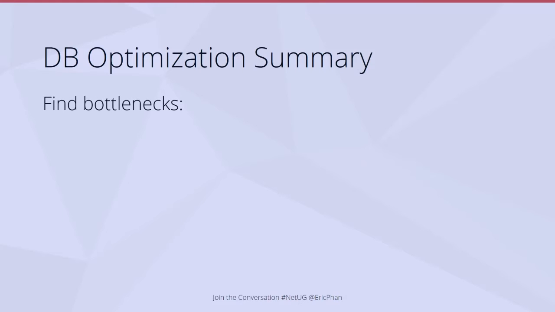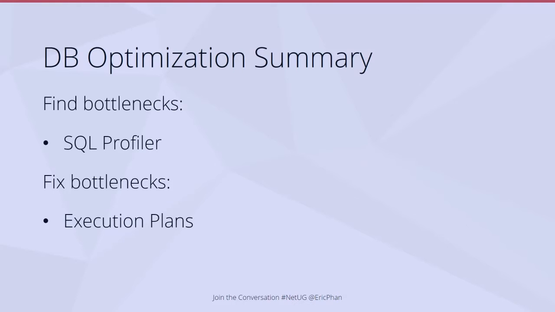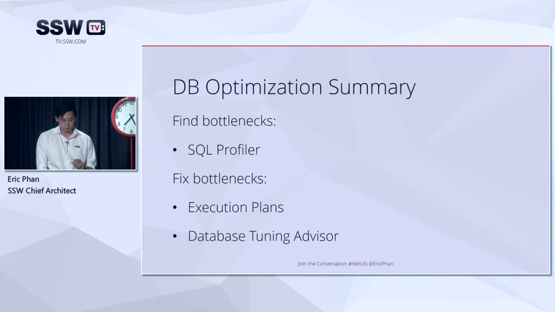Okay, so to summarize, when optimizing SQL, SQL Profiler is basically your go-to tool. To fix it, look at the execution plans and run it through database tuning advisors. But basically, you'll be adding indexes or rewriting queries for the most part. There is a whole configuration side of SQL Server in terms of performance that I'm not going to talk on, but you can look at that side of things as well.